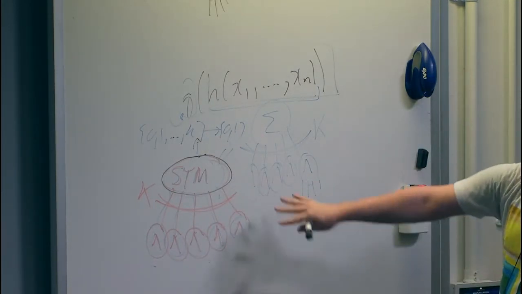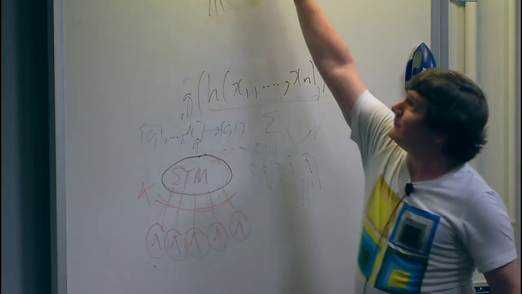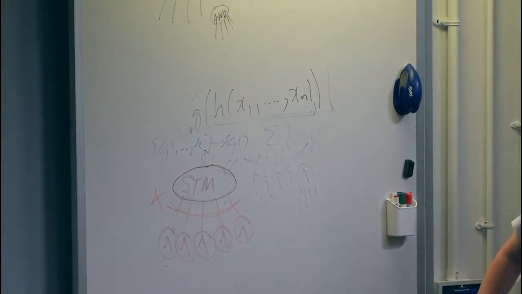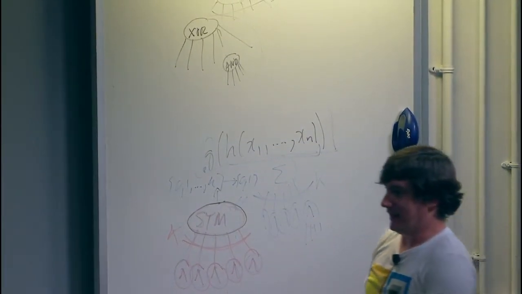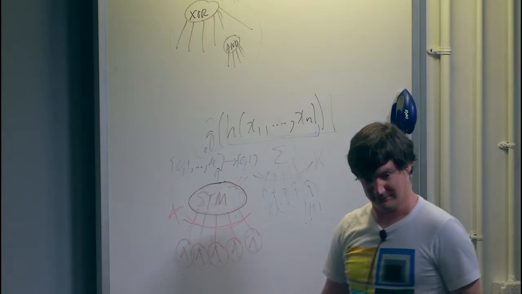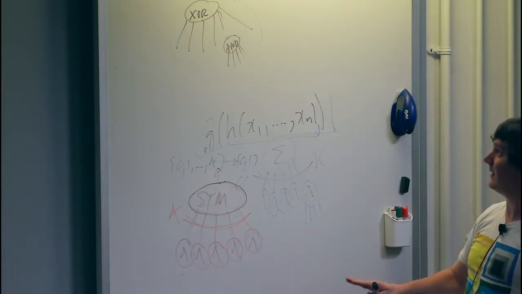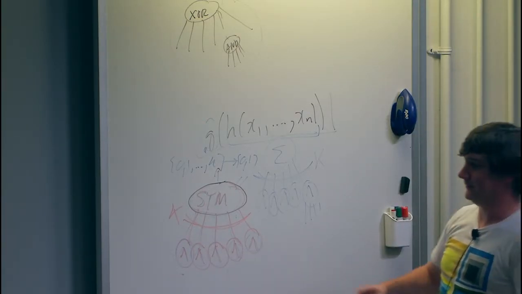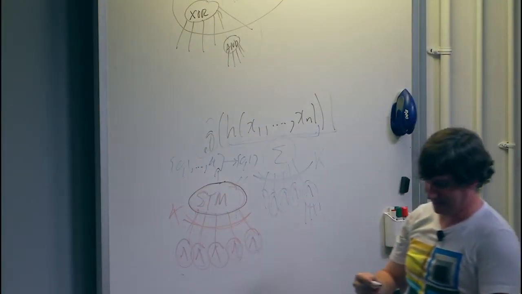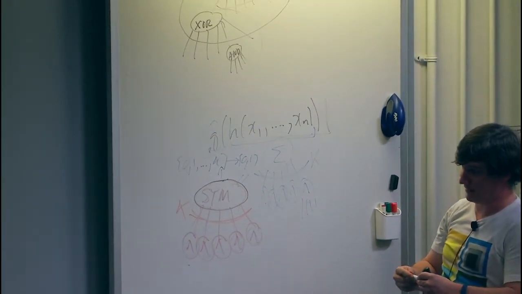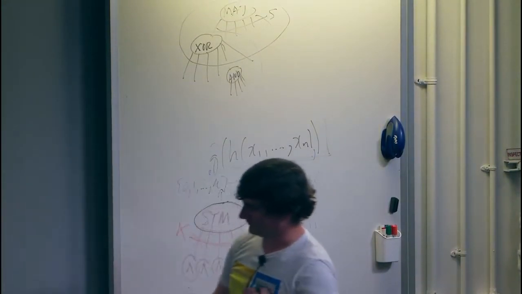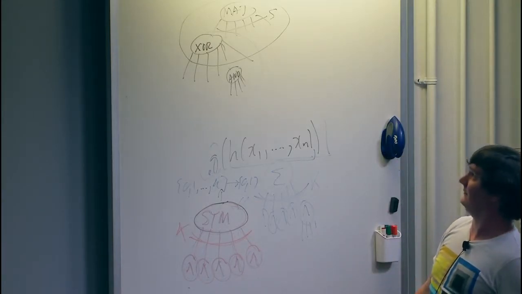Okay, SYM of ANDs. So we have a majority of XOR of ANDs, and we want to make it look like this. You can actually write a majority of XORs as a symmetric Boolean function, in fact. This is totally not obvious, or at least not obvious to me, starting with the work of Yao. It was very key to Toda's theorem that the polynomial hierarchy is contained in P to the sharp P, and it appears, obviously, in this Beigel-Tarui result about ACC.